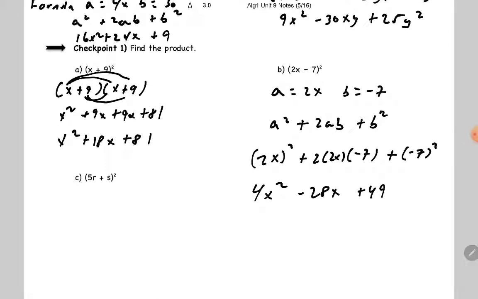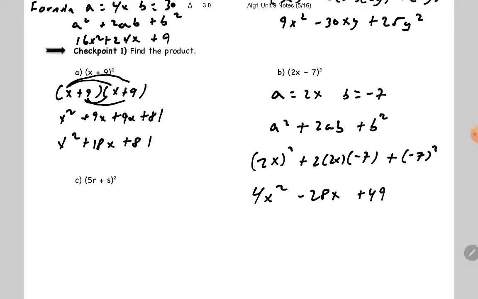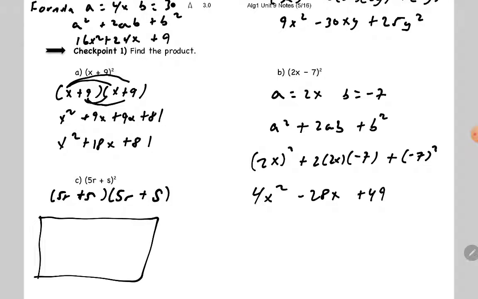Okay, so we have FOIL, formula, and then lastly we're going to do the box method. So remember, this is (5r plus s) times (5r plus s), and let's make a box. 5r and s, 5r and s. 5r times 5r is 25r squared. 5r times s is 5rs.